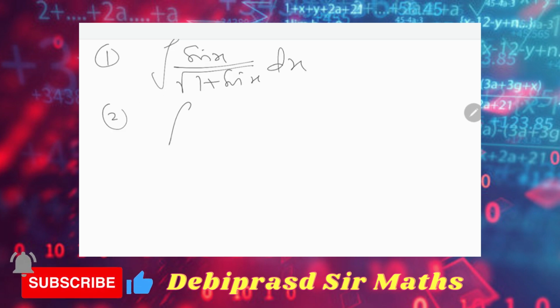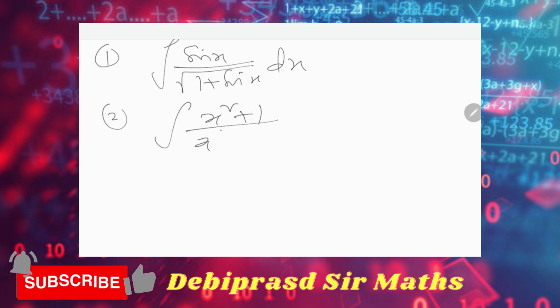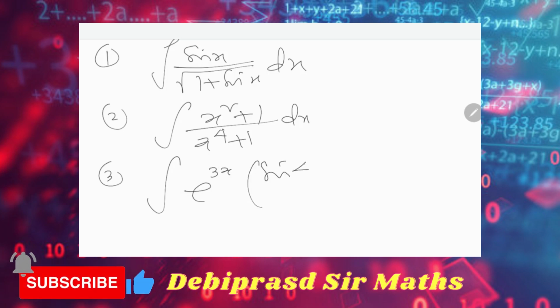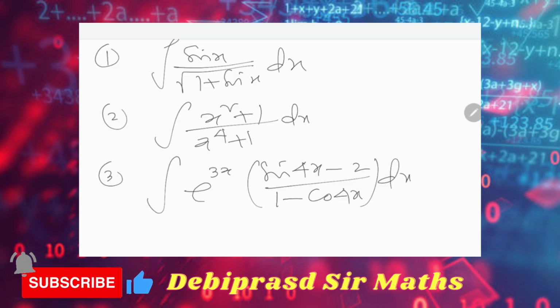Number 2, x square plus 1 by x to the power 4 plus 1 dx. Number 3, integration e to the power 3x into sin 4x minus 2 by 1 minus cos 4x dx.